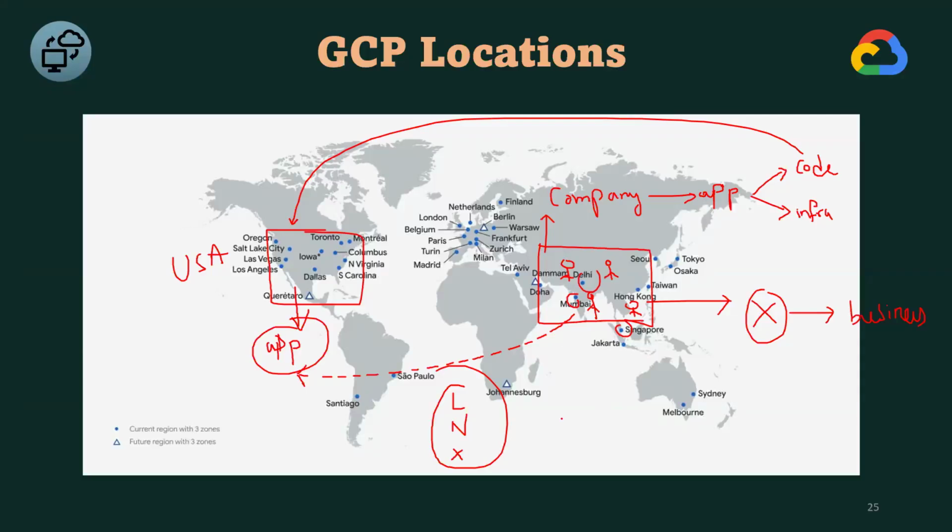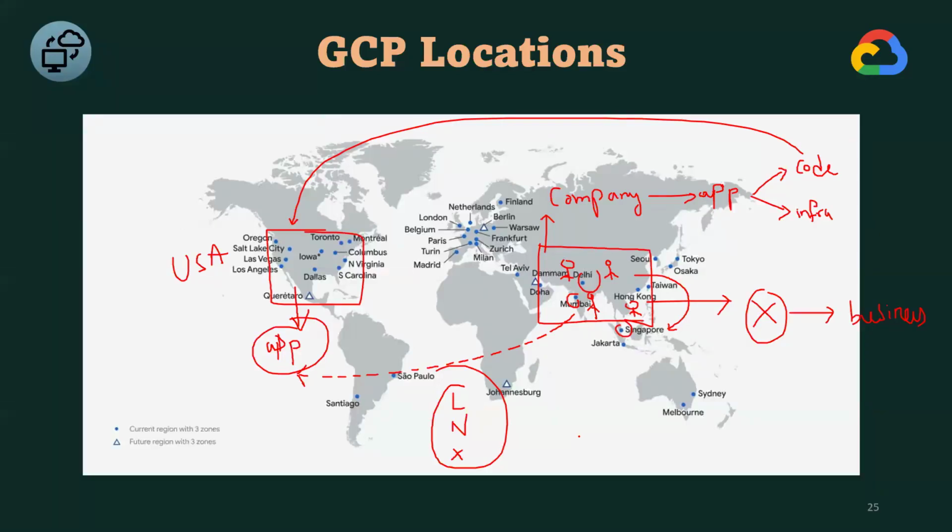All these are in Asia, right? So you can always deploy your resources near to your target users, so that connecting to the application from India to the Indian data centers is very easy, very fast, and highly available. There won't be any network lag. So this is what our first point says.